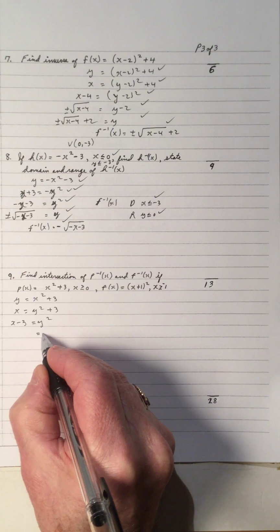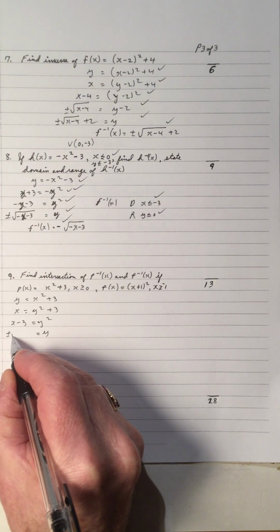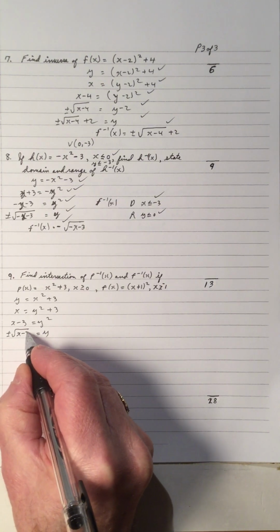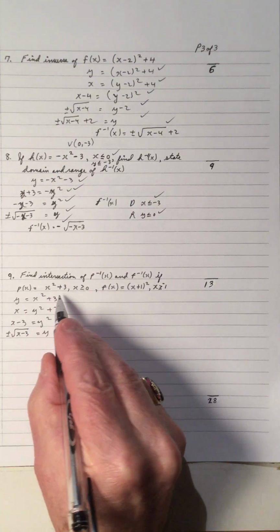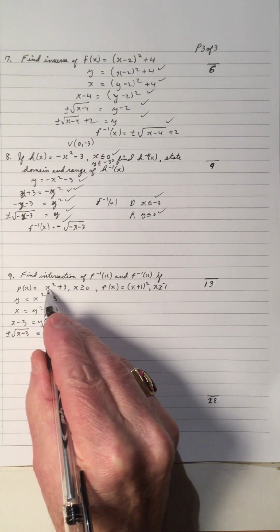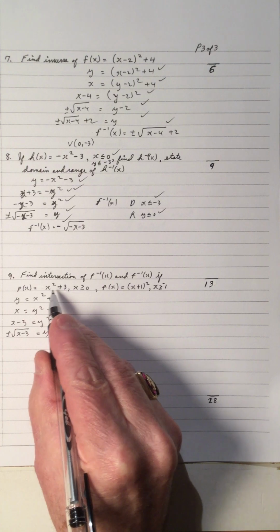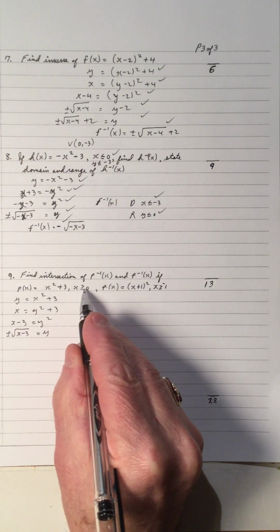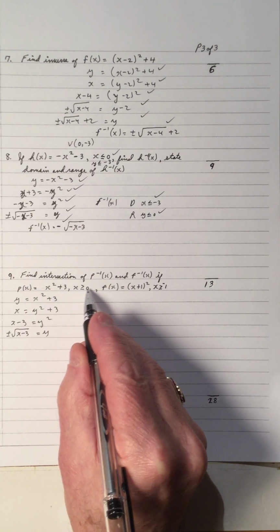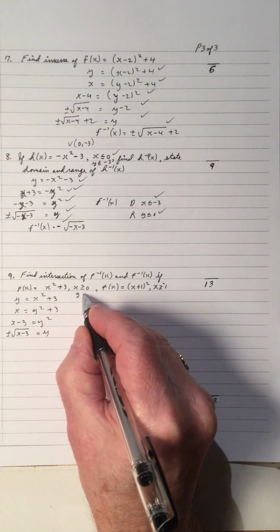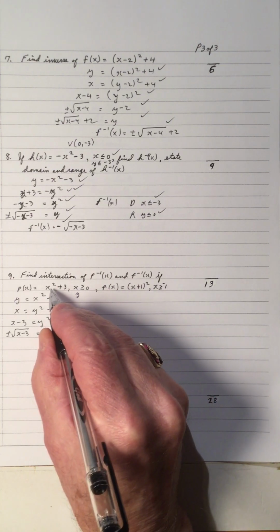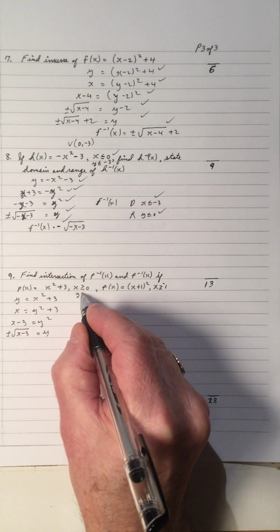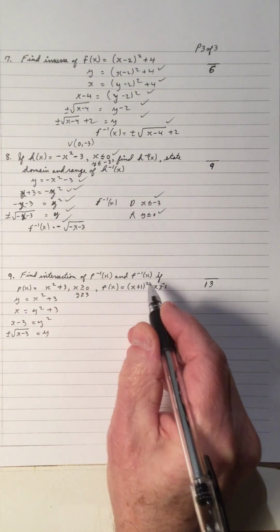Square root of y squared is y. This is plus minus the square root of x minus 3. Now, right here, this is a parabola, and the parabola has a left and a right side. So we're saying x is greater than or equal to 0, so we're taking the right side. But the y starts at 3 and plus, so the y is greater than or equal to 3.